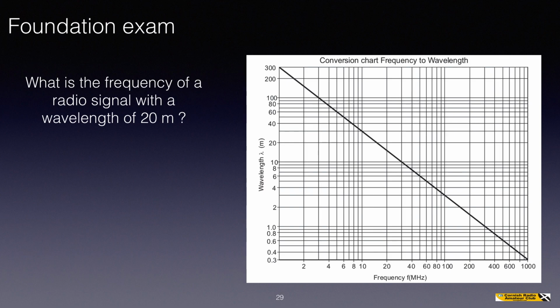Well, this time we start on the wavelength axis because that's the information we're given, and we locate 20 on the left. And we draw a line across horizontally till we intersect with the slope of the graph. And at that intersection point, we draw a line down vertically. And the answer is then 15 megahertz.